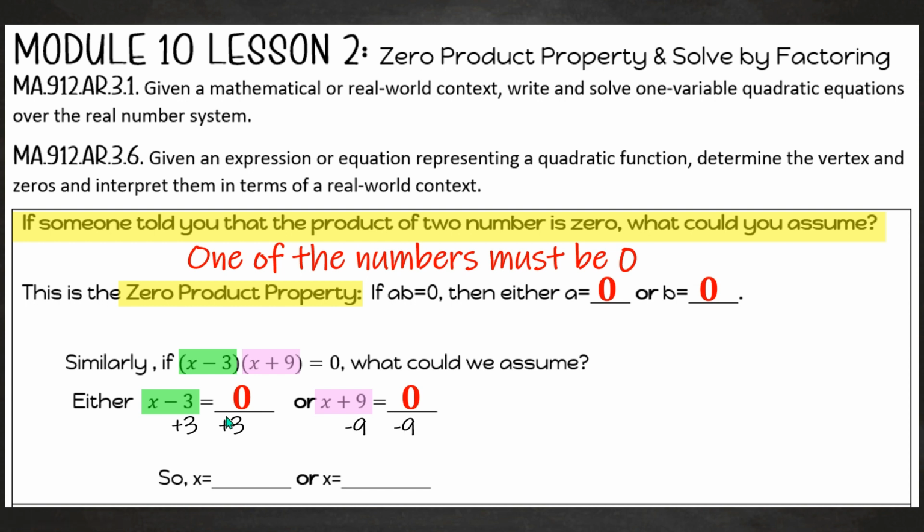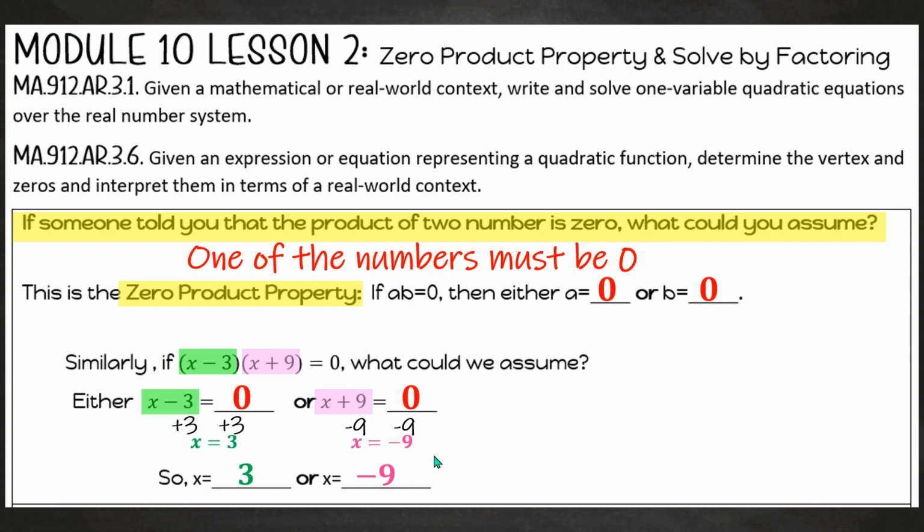We add 3 to both sides, or in this factor, we subtract 9 from both sides, because again, inverse opposite operations. And we realize that x is equal to 3 and x is equal to negative 9. So there are two possible solutions for x, which is 3 and negative 9.